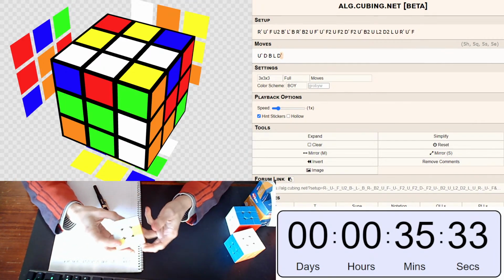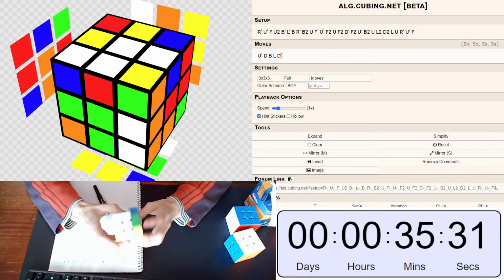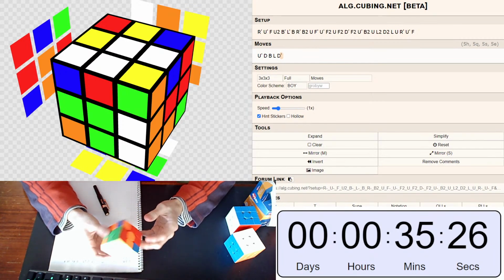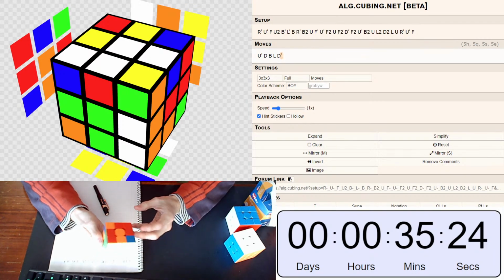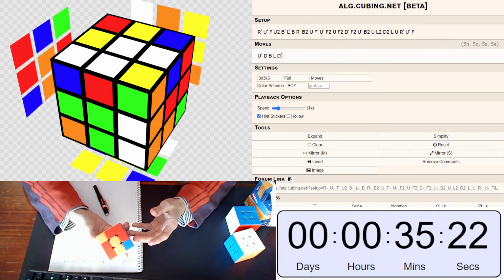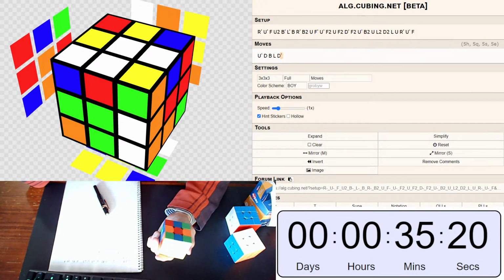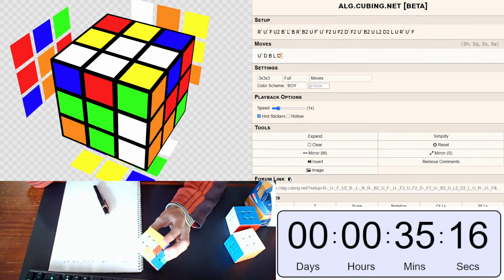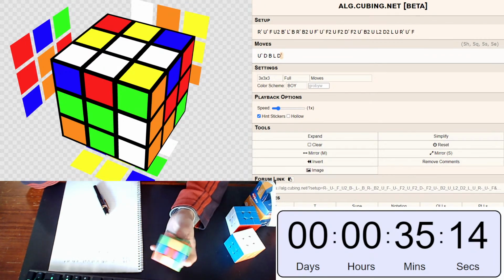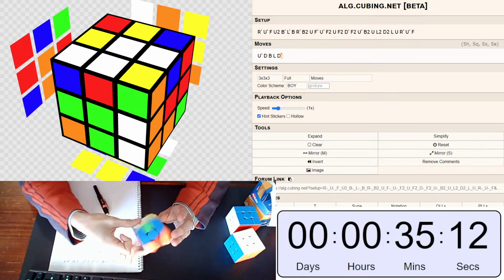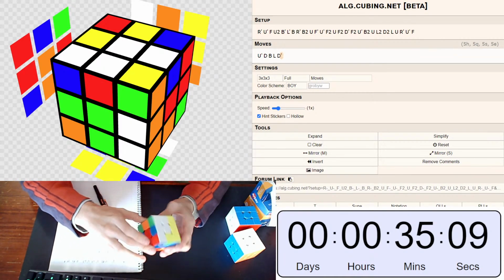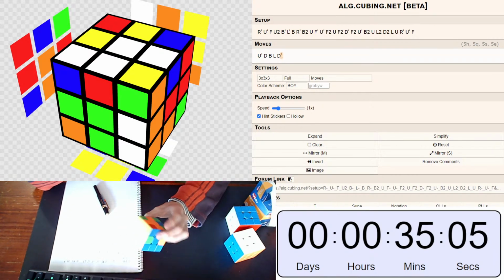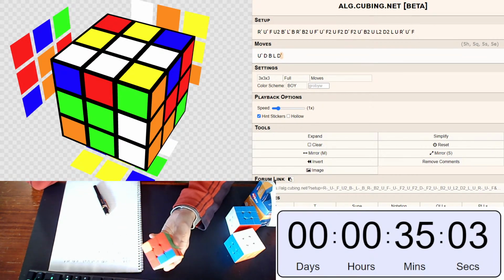What happens if I do L prime here instead? Nothing important. Okay. This doesn't do anything amazing. Does give me a couple of options though. B2, D2, F2. There's just some things solved.